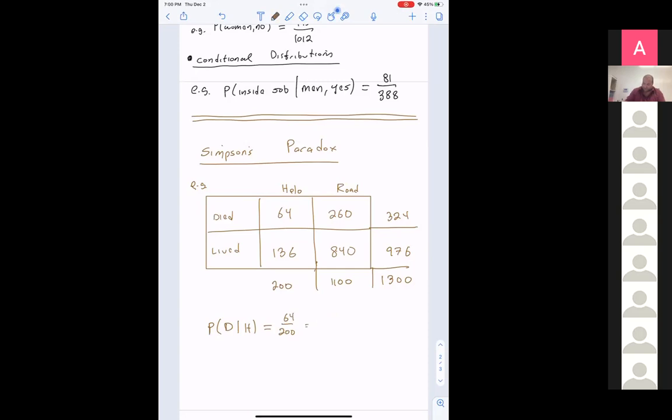So 32% of the patients died when they went by helicopter. And what's the likelihood that a patient died if they went by road? 260 over 1100, which is 23.63 repeating percent, if I want to be really, really exact.